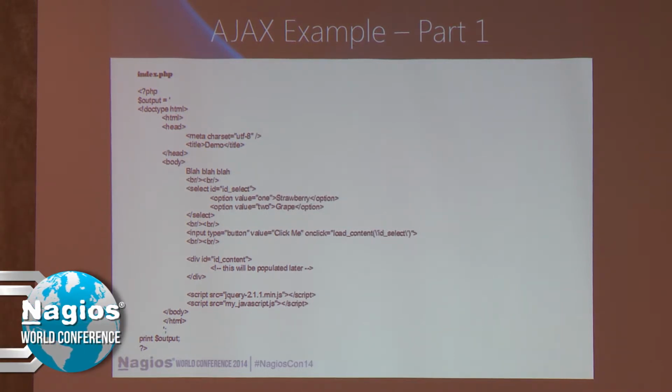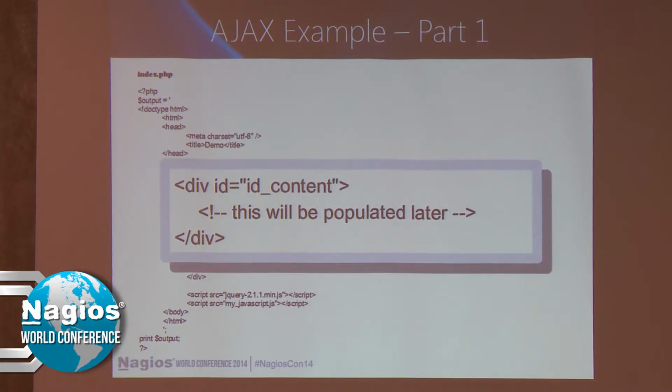So we're going to now step it up a bit, and instead of when I load the page, we're not going to have the strawberry and the grape displayed and downloaded initially. We're just going to use one div called ID content. And these are little comment tags, so I'm just putting here so I know I'll populate this later.